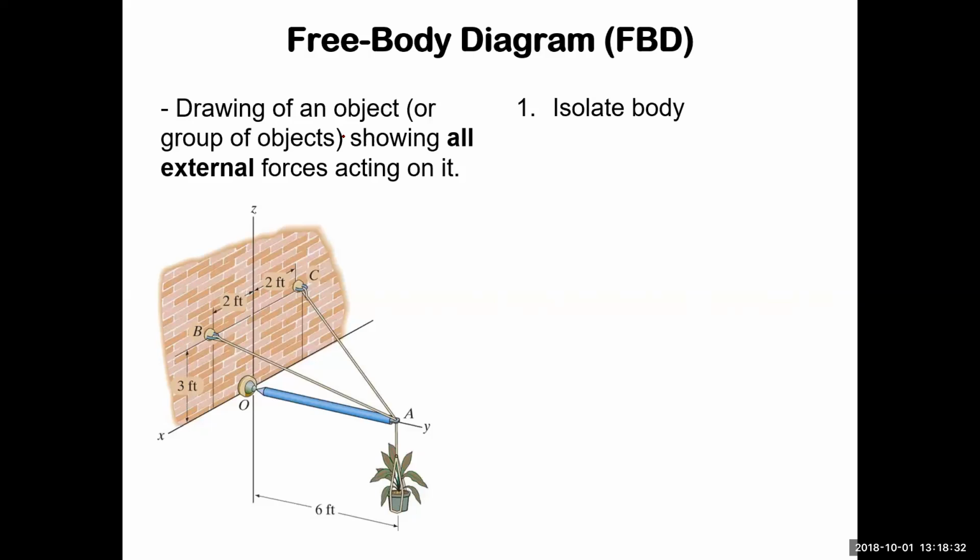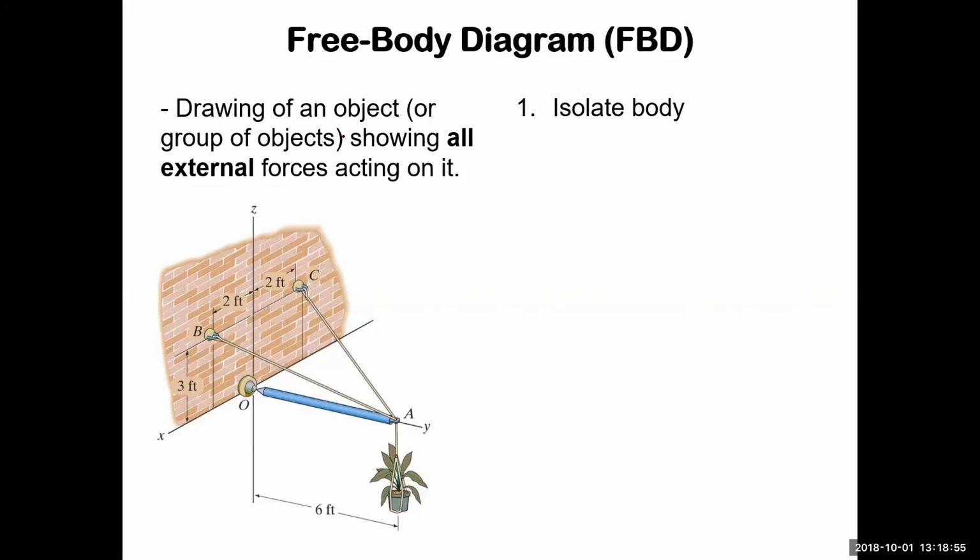And in fact, point A is a concurrent force system, right? There's 4 forces acting on it. If we're given the weight of the pot, could we determine all the forces acting at A? Yeah, there'd only be 3 unknowns, right? 2 forces on the cable and 1 force on the pole pushing out.